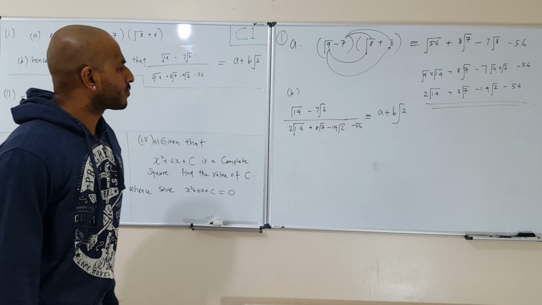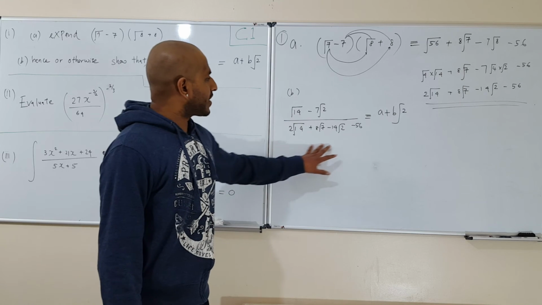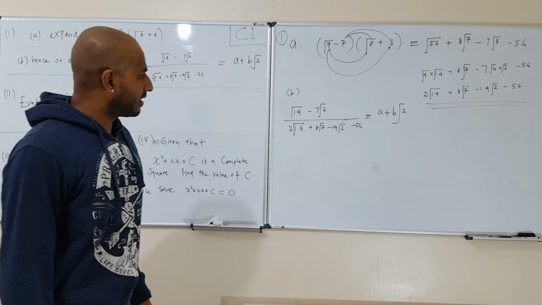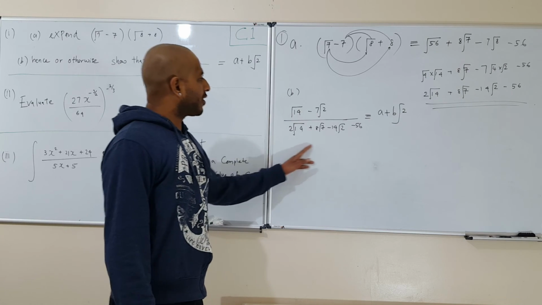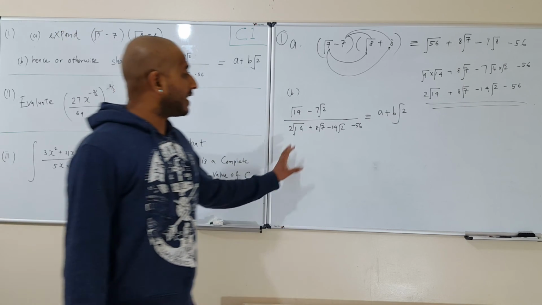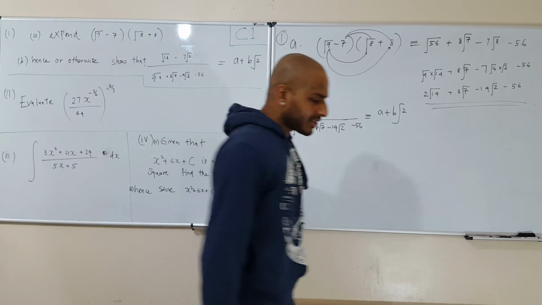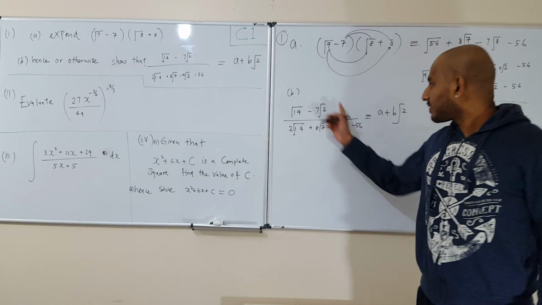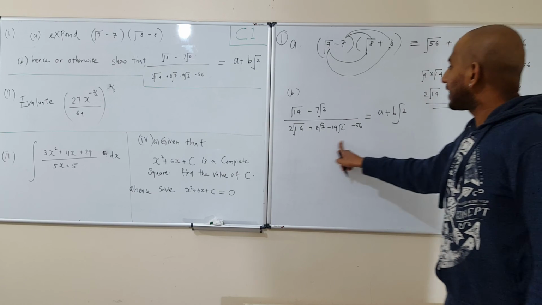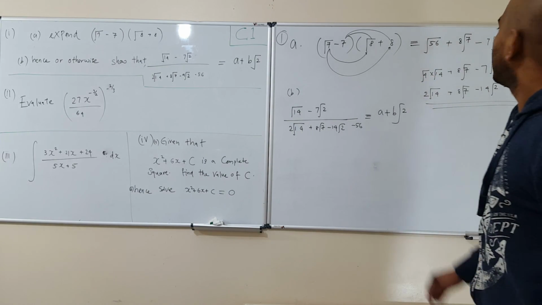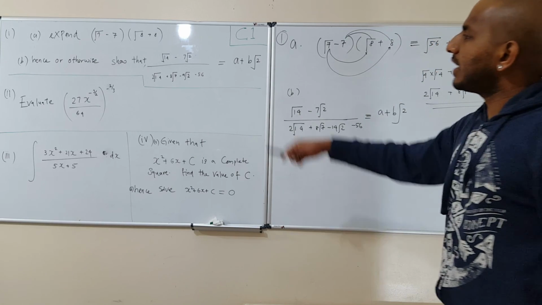Right? Now this is actually difficult. They basically want us to rationalize it, isn't it? This question is asking to rationalize this. So doing it like that is pretty difficult. But we can actually get some aid from the previous part, like they're saying, hence or otherwise.